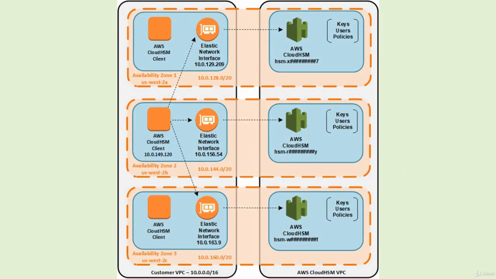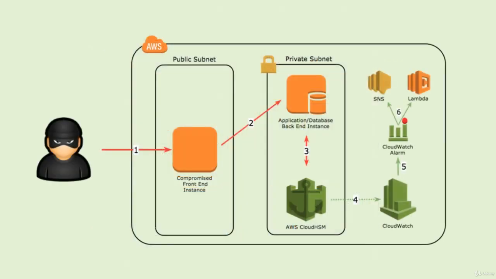We could also integrate it with different kinds of network instances or services with subnets, resource groups, and different things. It will protect you from a malicious invader for a compromised front-end instance. It will protect you on the hardware level or the database level with certificates and things like that.